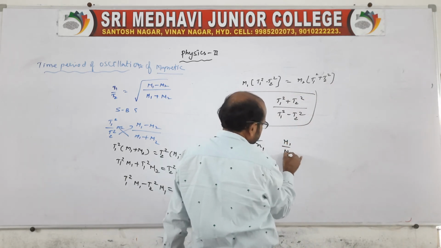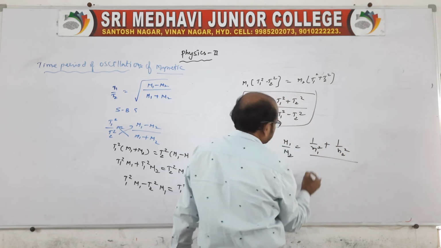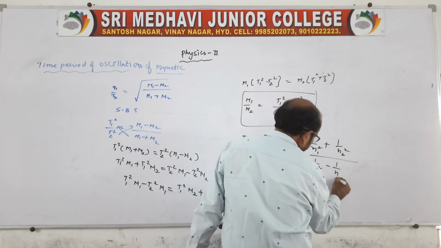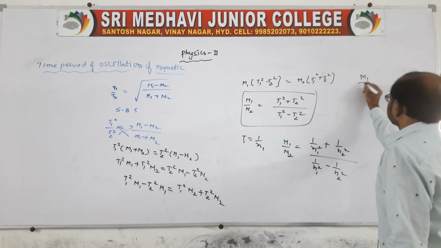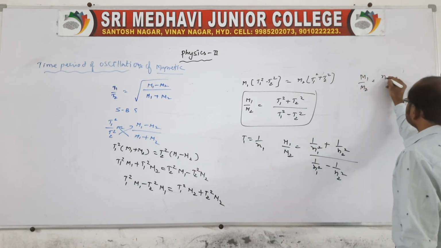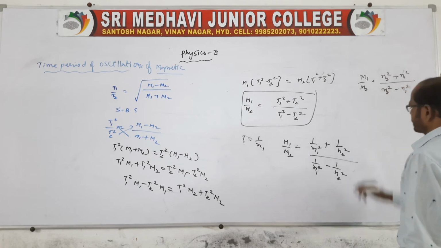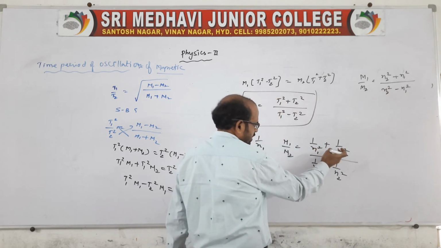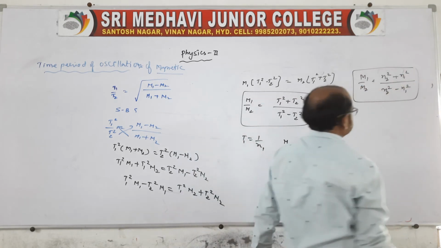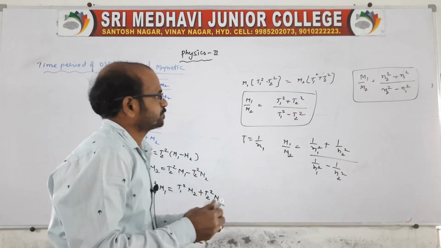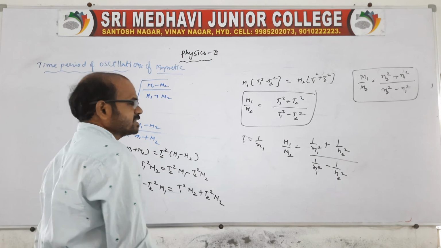So M1/M2 is equal to (1/n1² + 1/n2²)/(1/n1² − 1/n2²). Now simplify: the LCM is n1²n2² in both, so ultimately we get the final expression M1/M2 = (n2² + n1²)/(n2² − n1²).